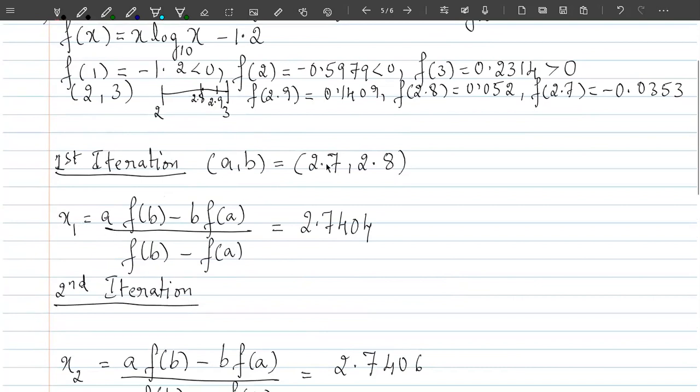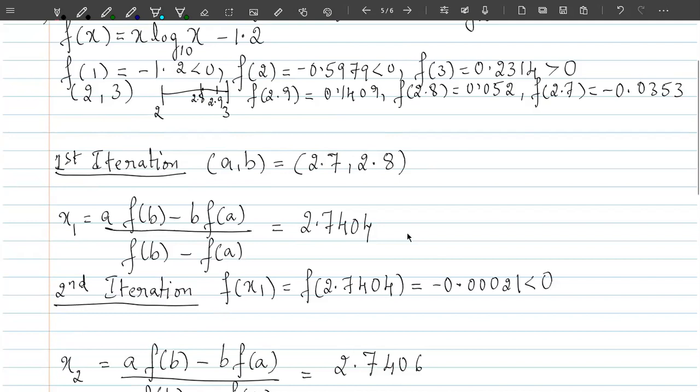X1, a is here, b is here. Perform the iteration and you will get the answer of x1 as 2.7404. Now using this, we perform the second iteration. So first we find f of x1, that is equal to f of 2.7404, that is equal to a negative value, minus 0.00021.